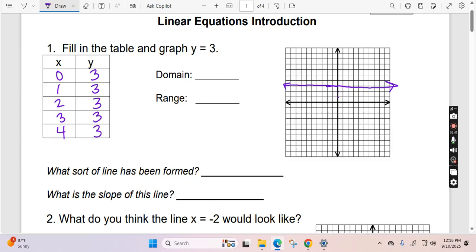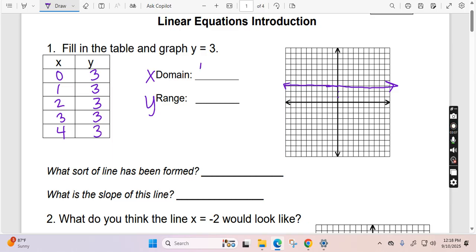Alright. So domain and range, okay? So let's talk about what domain stands for. What values are involved with my domain? X values, okay? What about my range? Y values. Okay, so if I'm looking at my x values, and my x values run left to right, right? Okay, so what x values are included in y equals 3? All of them, okay?